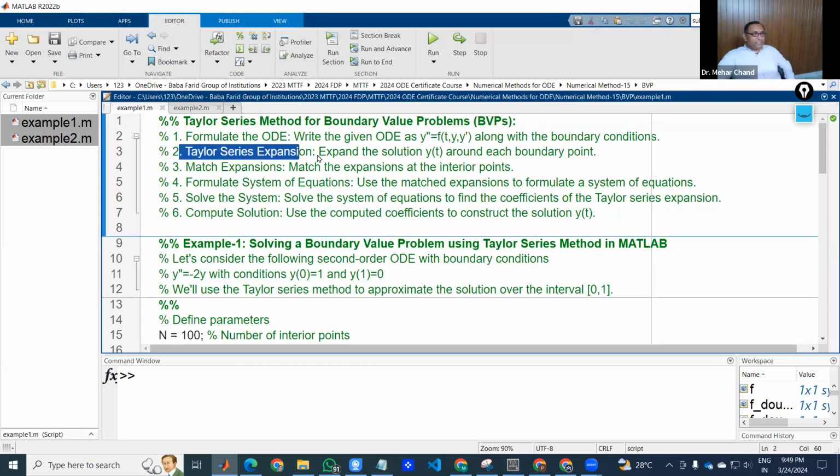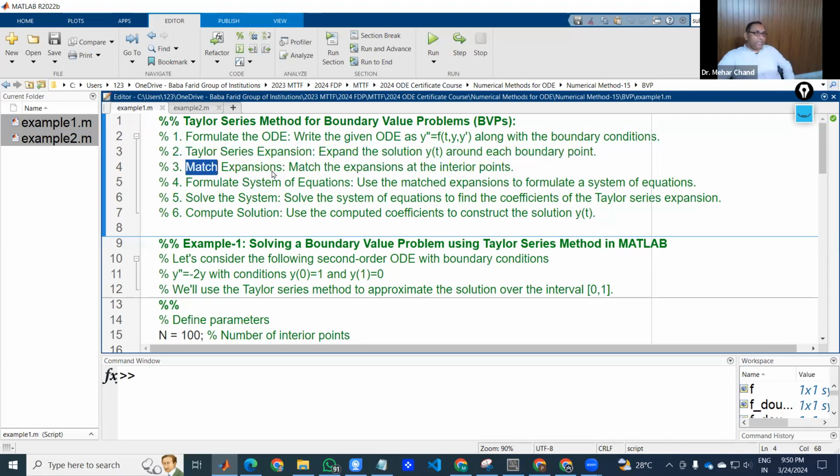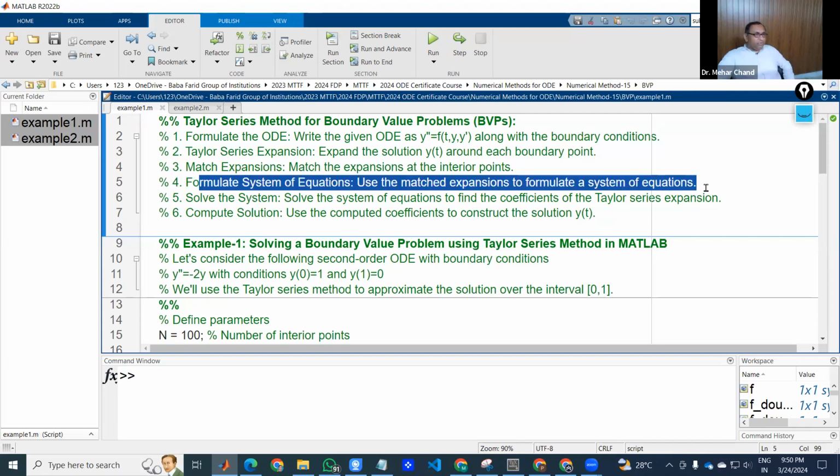Then Taylor series expansion: expand the solution y(t) around each boundary condition as we discussed in the beginning, for the left boundary as well as the right boundary. Then match the expansion at the interior point and formulate the system of equations.